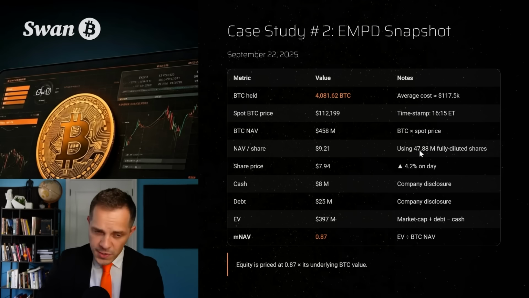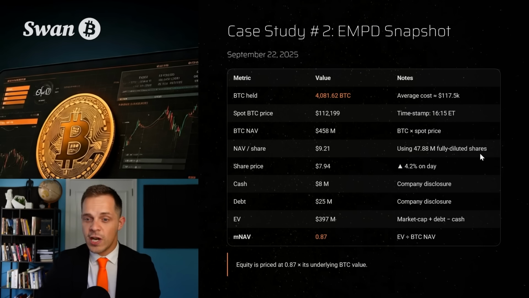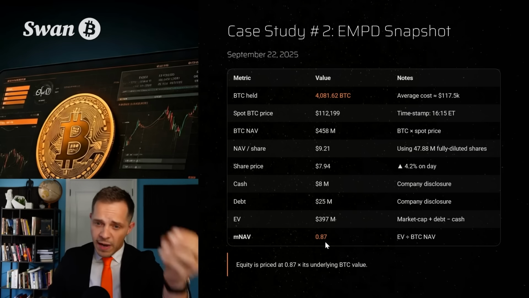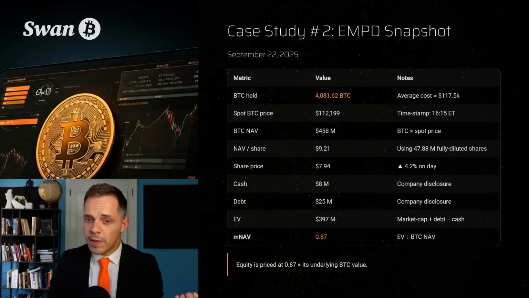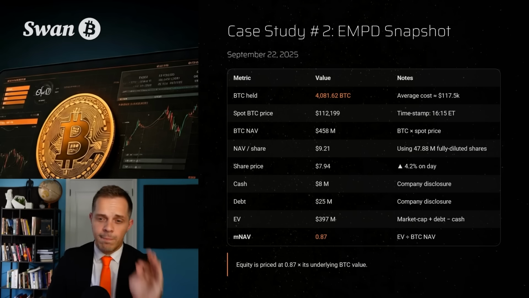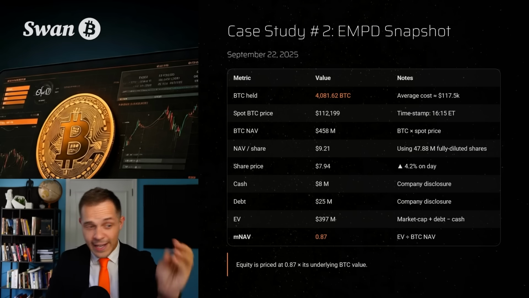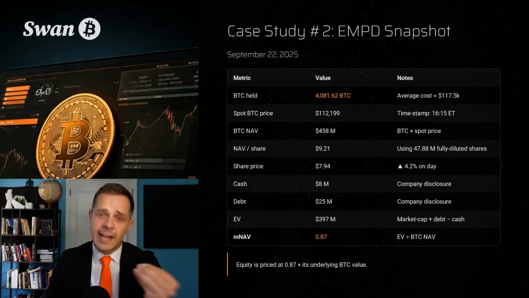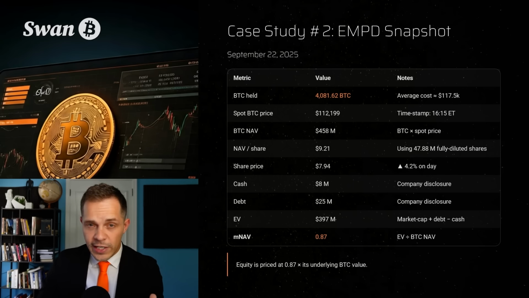They have almost 48 million fully diluted shares, which means that we get a Bitcoin net asset value per share of $9.21. So the M-NAV reading, we divide the enterprise value by the $458 million Bitcoin net asset value, and we arrive at an M-NAV of 0.87, meaning each dollar of Bitcoin inside EMPD is currently reflected in the equity at 87 cents. Notice the similarity to Sequans.